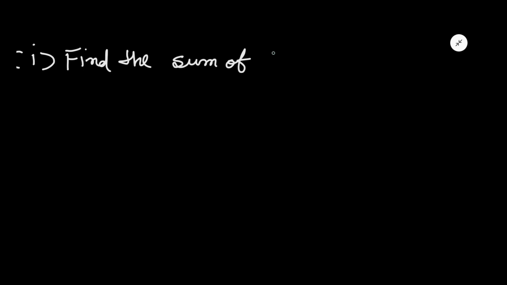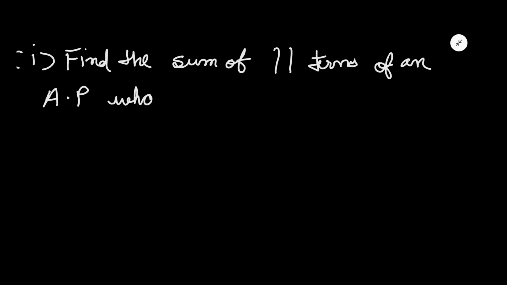In this video, we will do some examples of arithmetic progression. So our first example is: find the sum of 11 terms of an AP whose middle term is 30.